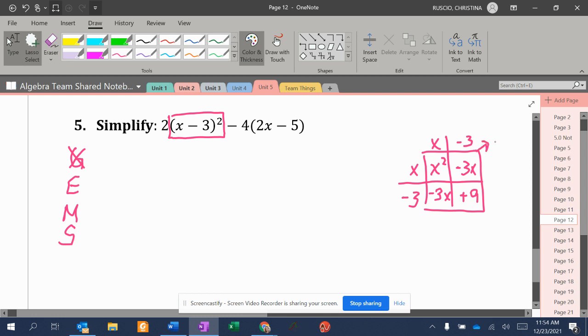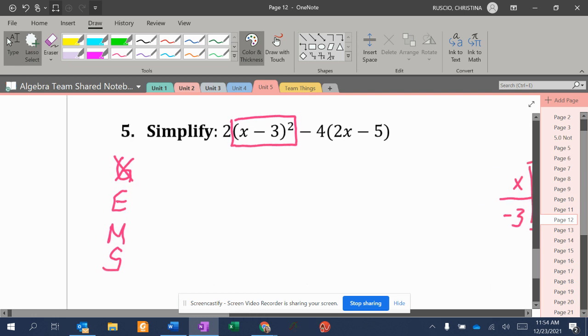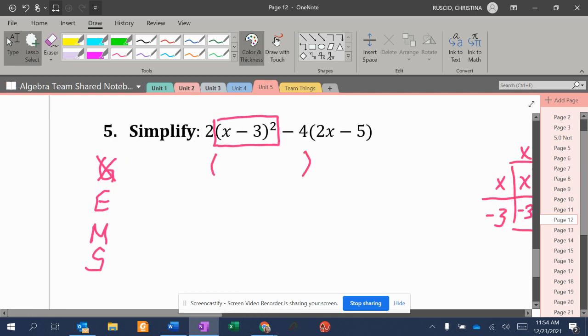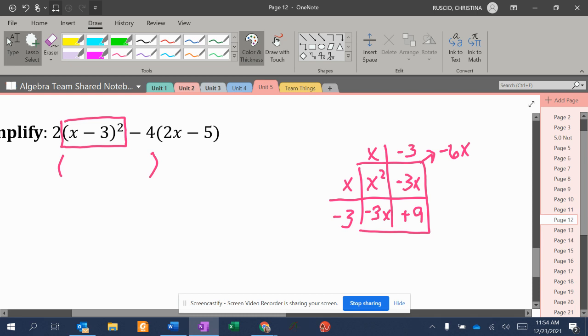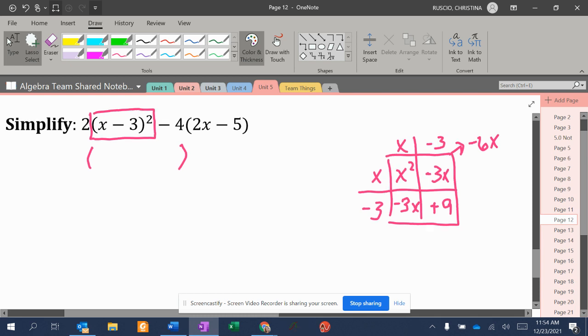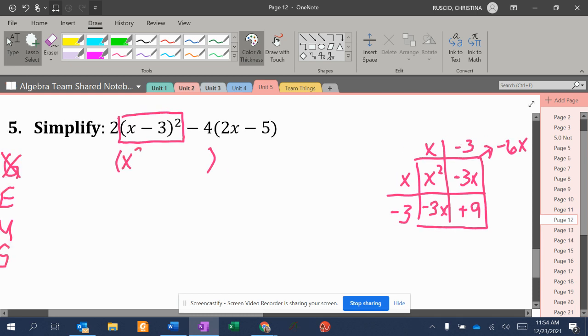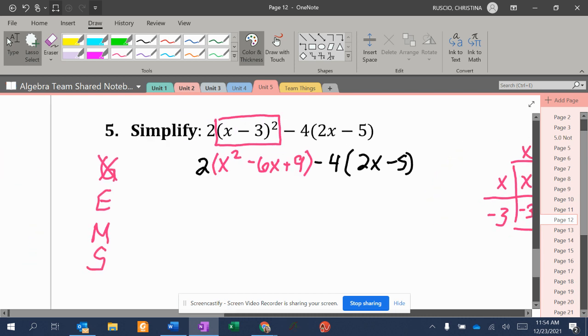And a negative 3 and a negative 3, when we add them together, becomes negative 6. So this whole thing here became x squared minus 6x plus 9. So we're going to write that out. X squared minus 6x plus 9. And notice how the 2 and the rest of this problem didn't change. We took care of exponents.